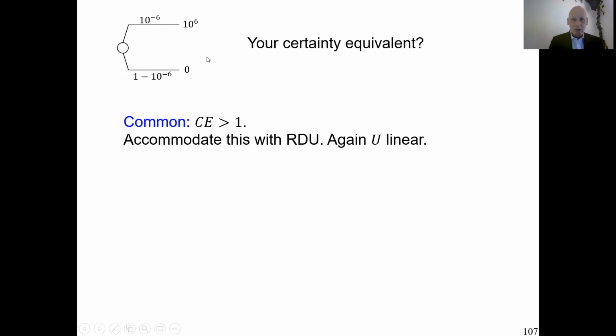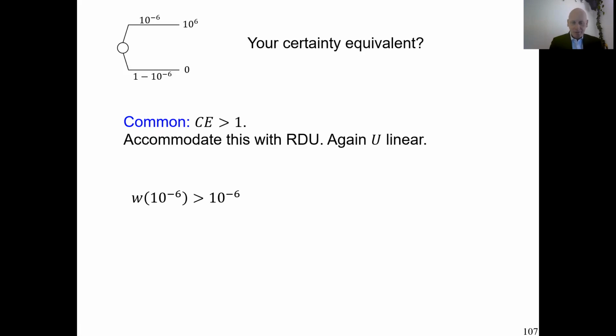That must exceed 1. I divide by 1,000,000 and get that the weighting function at probability 10^-6 must exceed 10^-6. There must be overweighting there. That is necessary and sufficient.